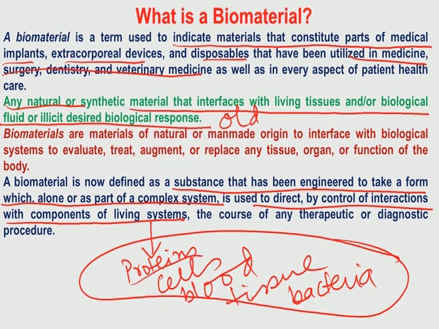Protein adsorption is a precursor to cell adhesion and cell proliferation. Blood, it should have good blood compatibility or hemocompatibility, and tissue compatibility. And bacteria, ideally a material should not encourage the growth of bacteria, because if bacteria grow, it can cause biofilm formation, then infection, and it can ultimately lead to revision surgery. And all this interaction leads to the therapeutic or diagnostic procedure.